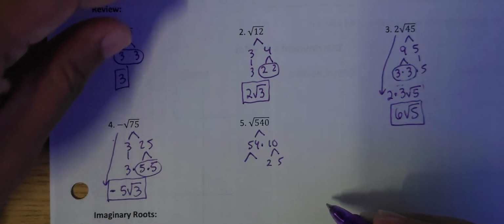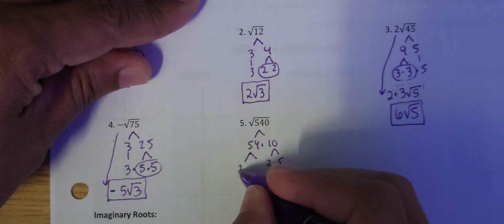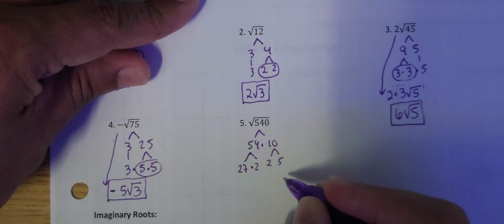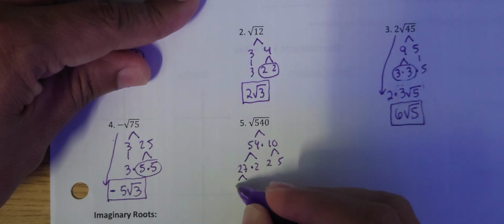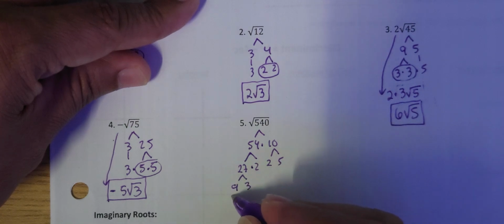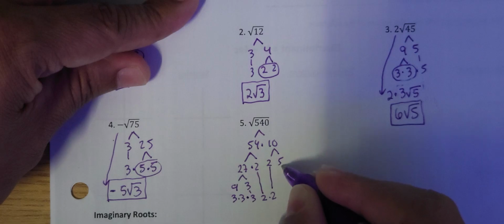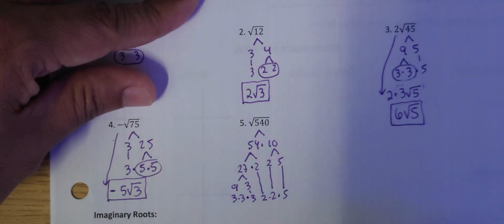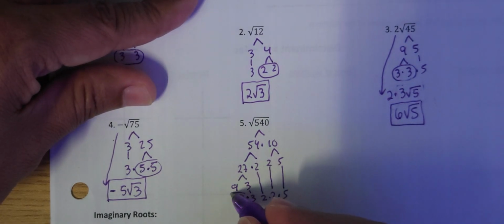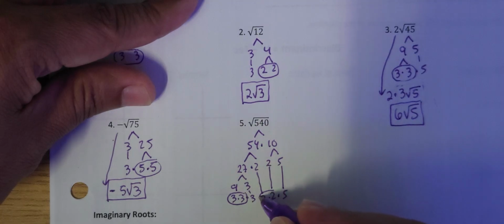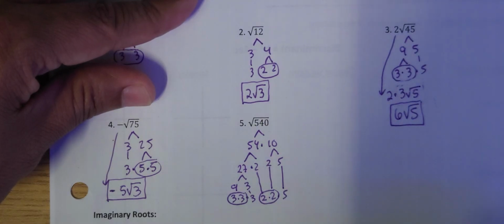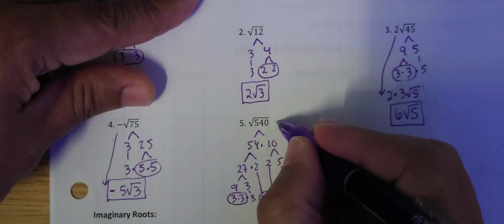Let's say 27 times 2, and 27 is the same as 9 times 3, and 9 is the same as 3 times 3. So then we have three 3s, and then we have two 2s, and we have one 5. Notice we can take out a 3. We can also take out a 2.